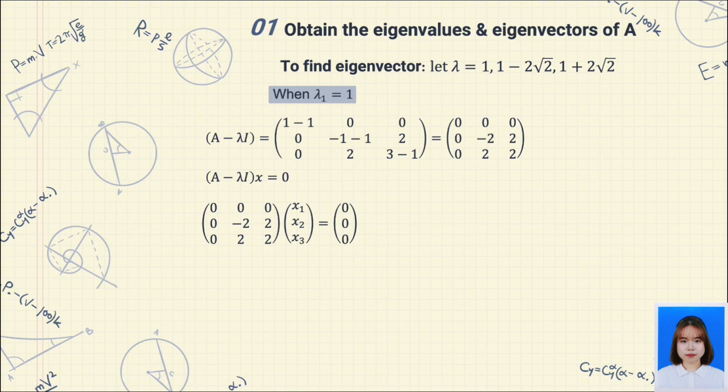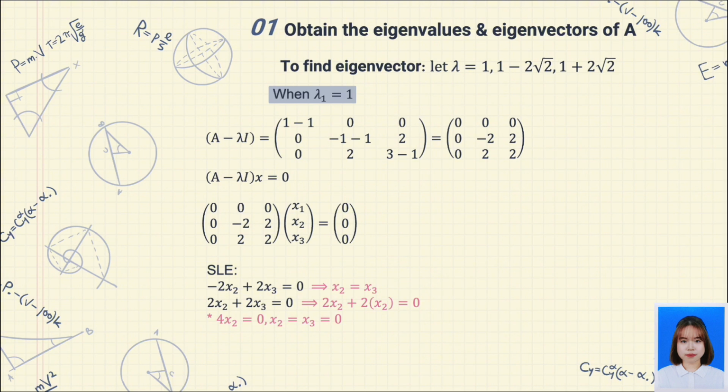Let A minus lambda I times x equal 0. By using the system of linear equations method, we find that negative 2x2 plus 2x3 equals 0, and also 2x2 plus 2x3 equals 0.